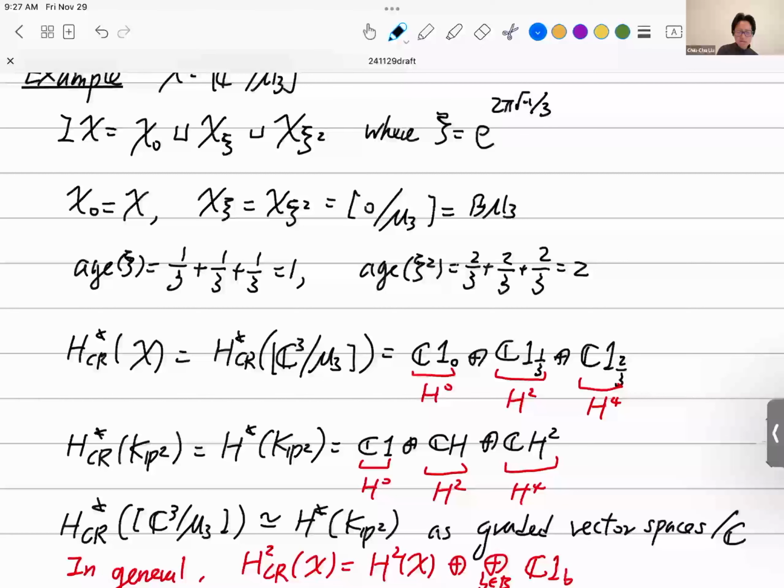So at least for now, we see that these two are isomorphic as graded vector spaces. But actually it's true in general.